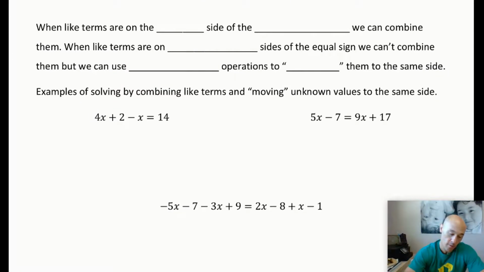When like terms are on the same side of the equal sign, we can combine them.